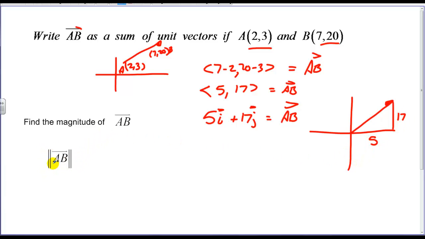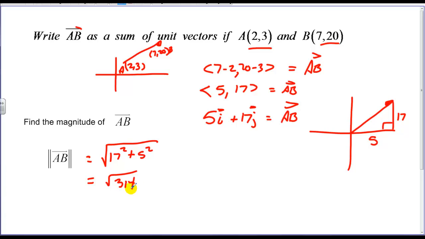Notice magnitude is given by these double sets of what look like absolute value signs. I can just do a Pythagorean calculation to find out this guy's length. So what I have is 17 squared plus 5 squared, square root that, and that'll give me the magnitude. And that's equivalent to square root of 314.